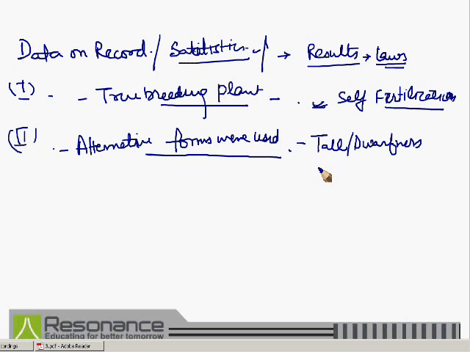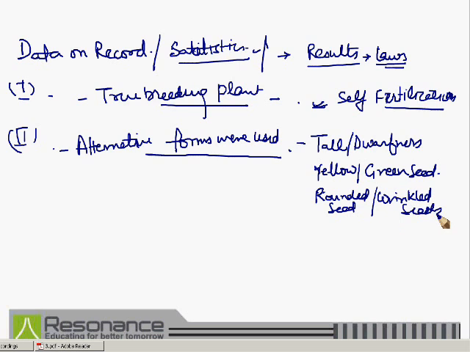For yellow seed, the alternative form of green seed. For rounded seed, the alternative form of wrinkled seeds. Likewise, there were 7 contrasting characters which were studied by Mendel.